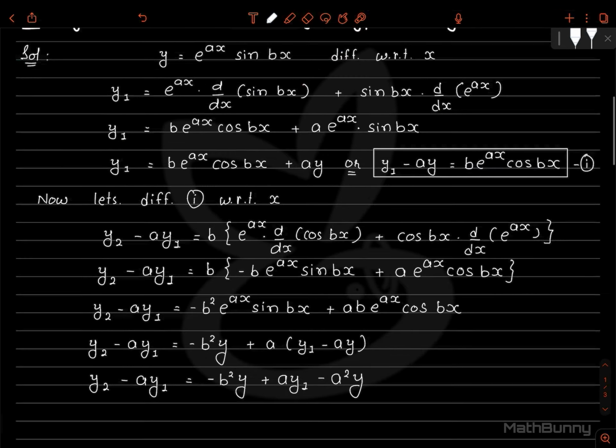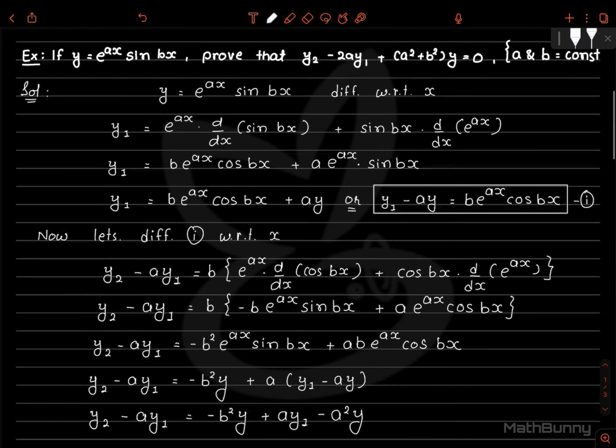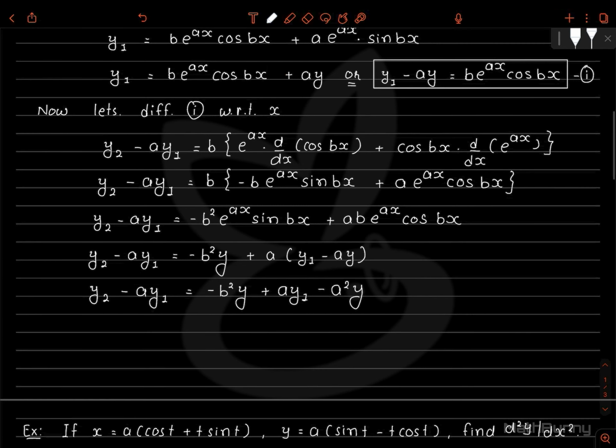And again simplifying this, we will get this result: y2 minus 2a y1, which is these two terms, plus a square plus b square y is equal to 0. Proved.